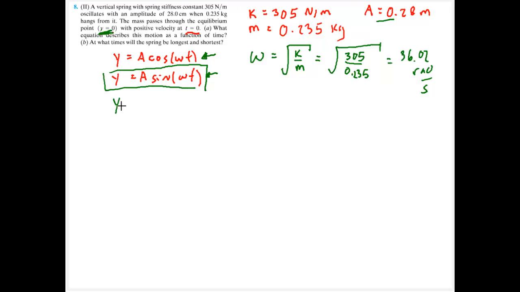So we simply write our position as the amplitude, 0.28 meters, multiplied by the sine of 36 multiplied by time.